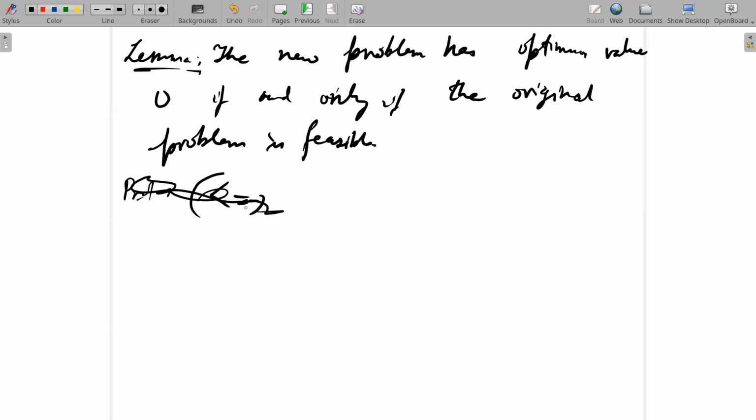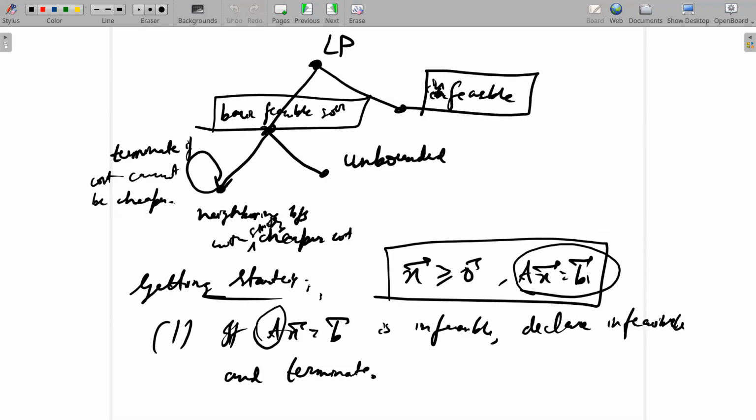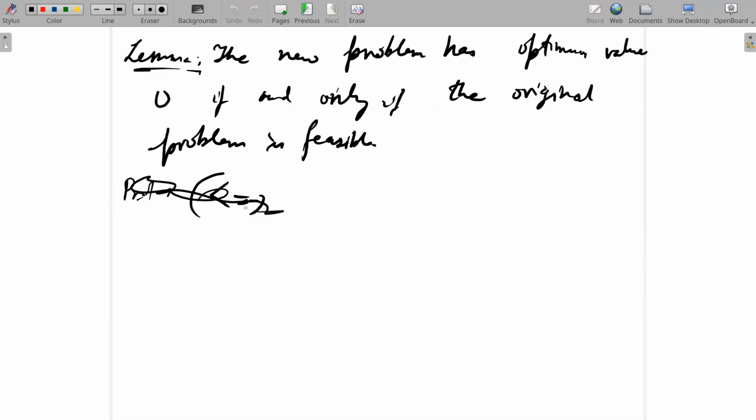But again, for this new problem, we still have to see whether it is feasible or not. But that is actually easily checked. So the new LP is feasible and has a BFS.